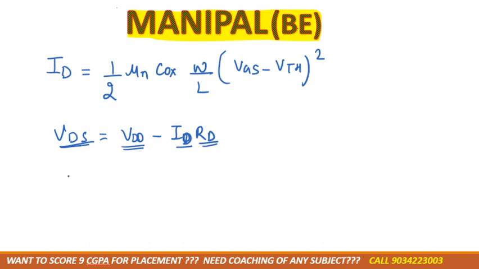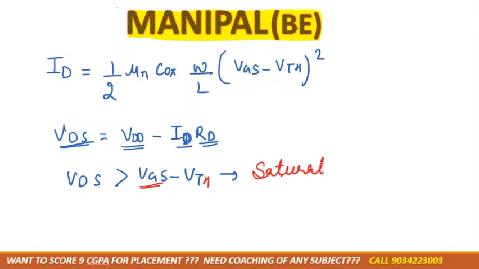Okay. Another formula for that: if VDS is greater than VGS minus VTH, where VGS is the gate to source voltage and VTH is the threshold voltage, then in that case the MOSFET works in the saturation region. Or we'll have a different condition. If VDS is equal to VGS minus VTH, then it will work as an active region.